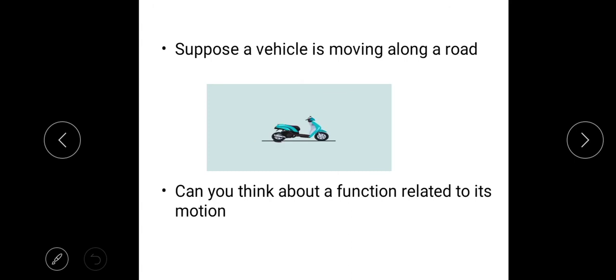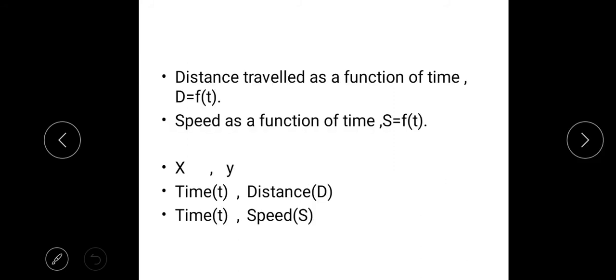Now suppose you consider a vehicle is moving along a road. Can you think about a function related to this motion? Of course, we can say the distance travelled as a function of time, and this is denoted by d is equal to f of t, where d denotes the distance and t is the time taken.